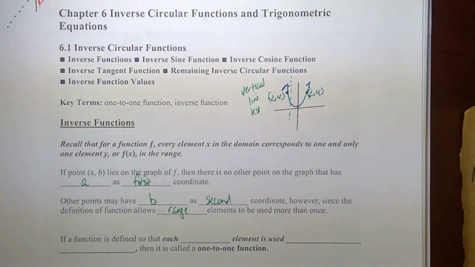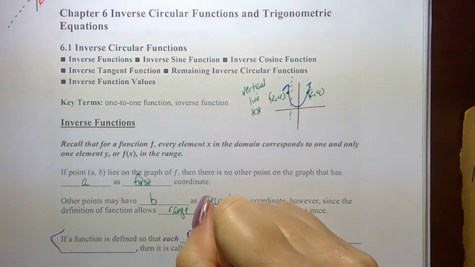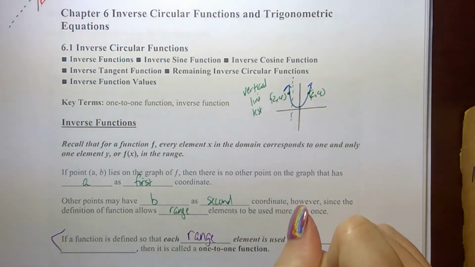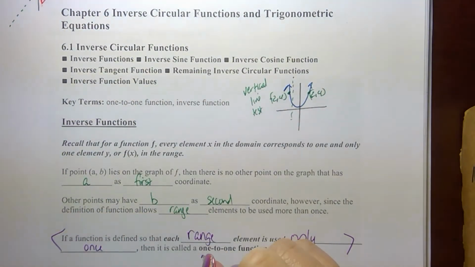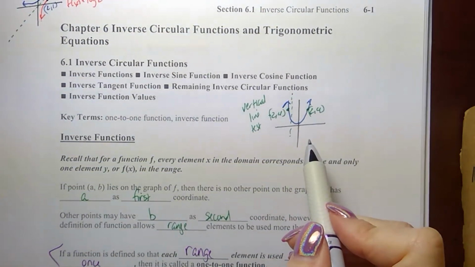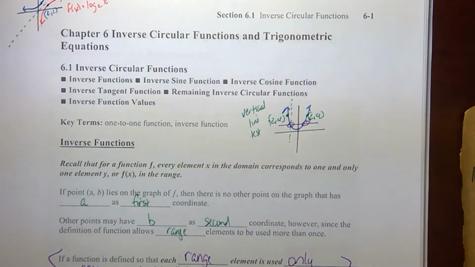However, if a function is defined so that each range element is used only once, then we say that we have a one-to-one function. Well, is our parabola, our quadratic function, one-to-one? No, it's not, because we use those range elements more than one time.